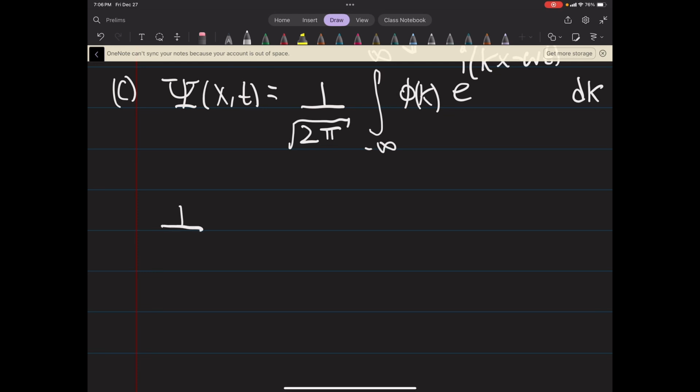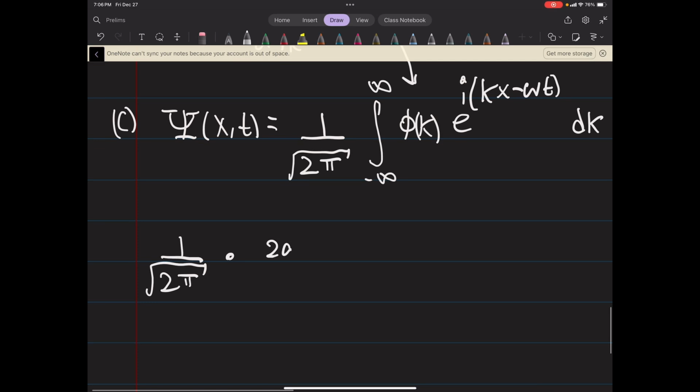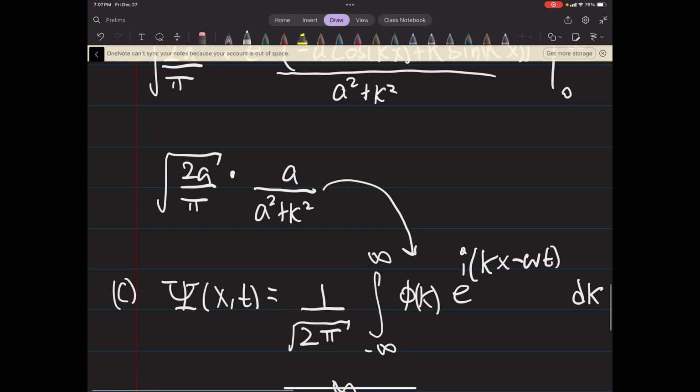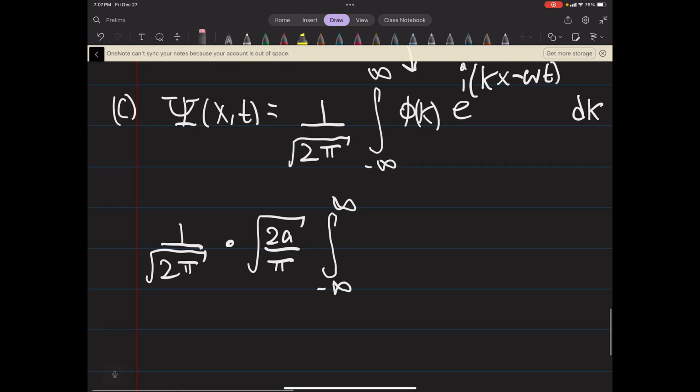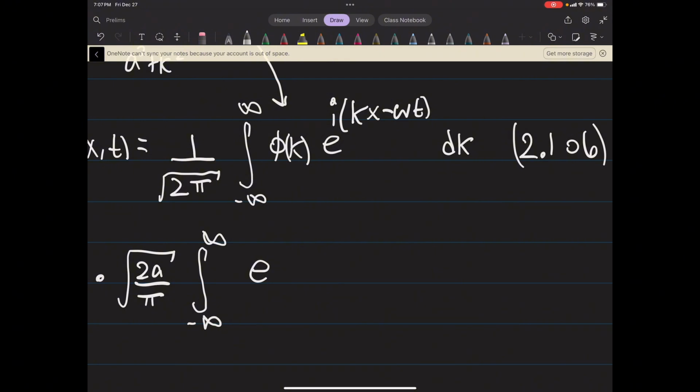So we have 1 over square root 2 pi out here. We have a 2a over pi, square root, the integral from minus infinity to positive infinity. I'm going to pull this a out, and then a squared plus k squared, we're actually going to leave that inside the integral, because remember, we're integrating with respect to k here, so we can't just pull that out.